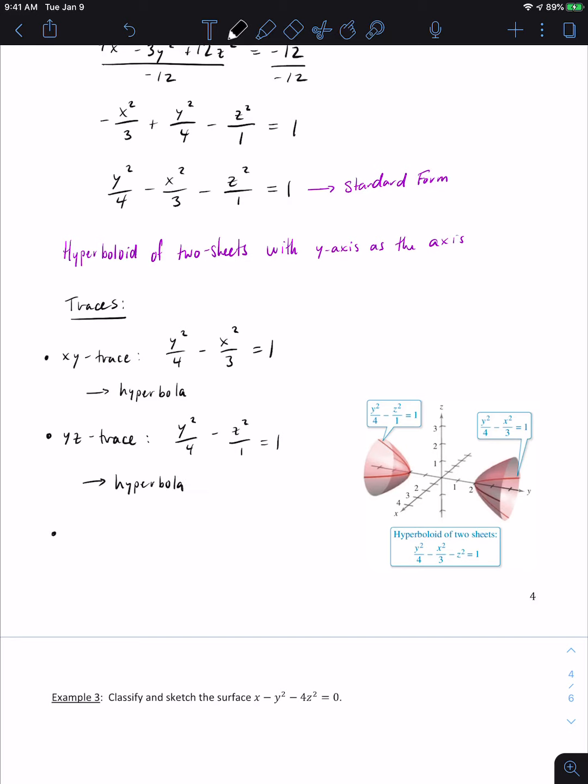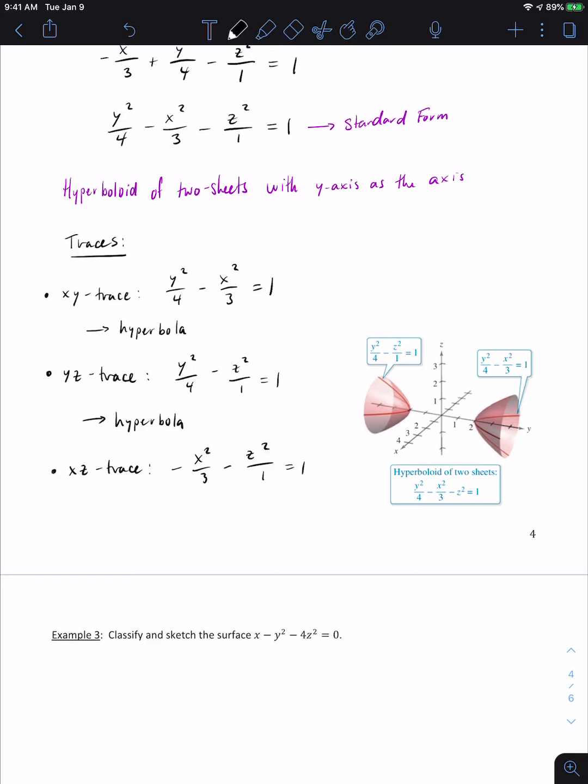And then the XZ trace, that one is going to be negative x squared over 3 minus z squared over 1 equals 1. So in other words, it looks like x squared over 3 plus z squared over 1 equals negative 1. In any case, that's nothing, no special trace.